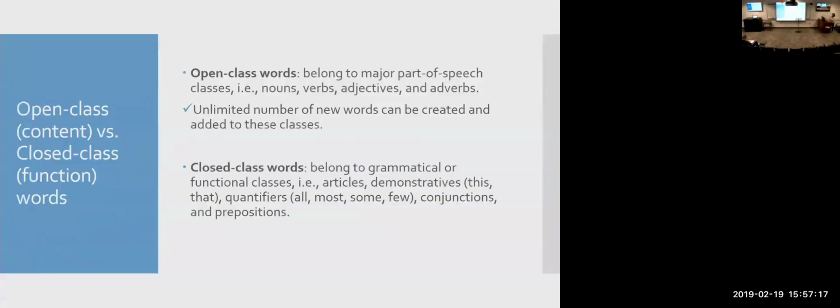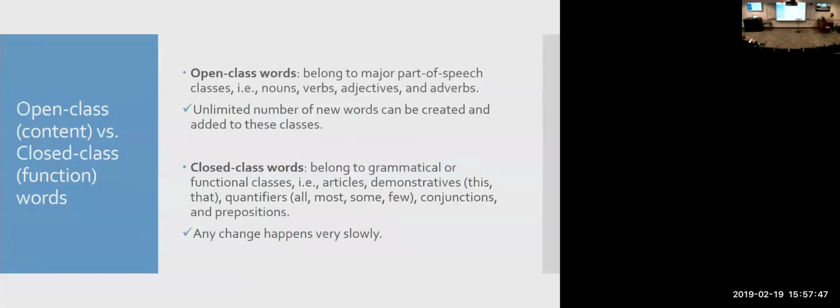The second type is closed class words. These words belong to grammatical or functional classes. So that is to say, we have articles, demonstratives, like this, that, quantifiers, almost, some, few, conjunctions, and, but, and prepositions, in, at, with, something like that, right? Do you think this is open? No, that is closed.